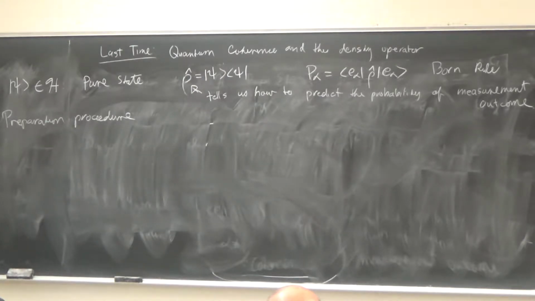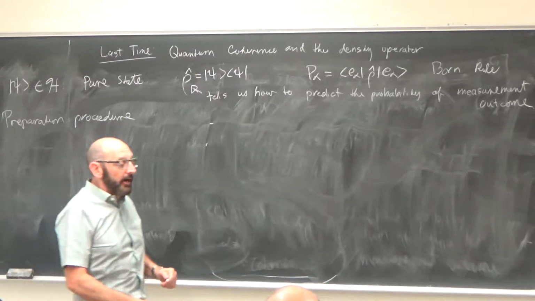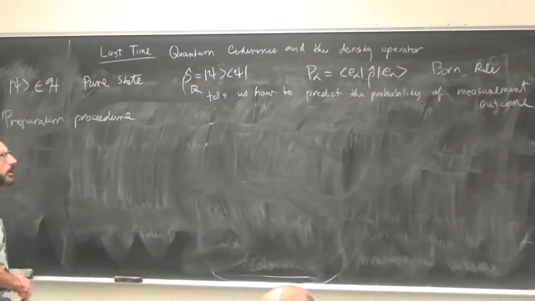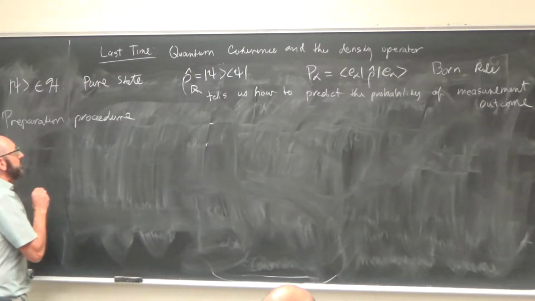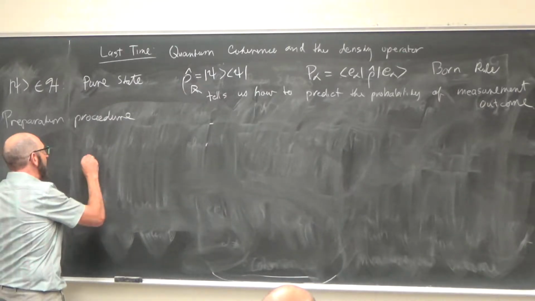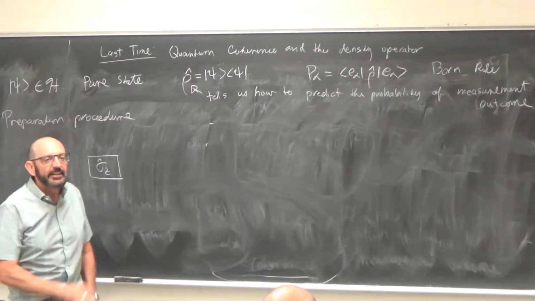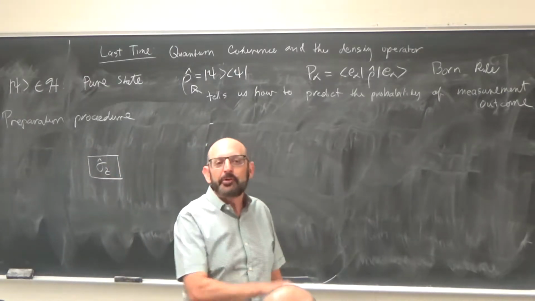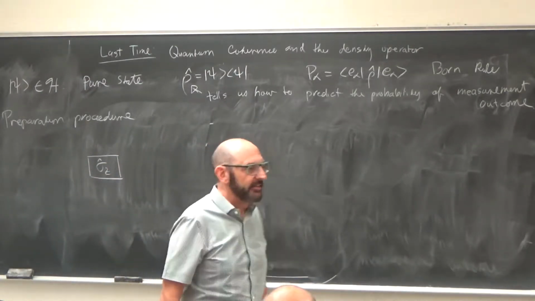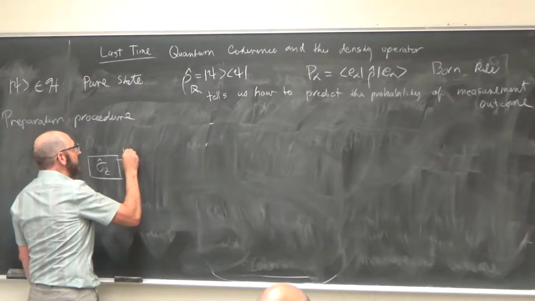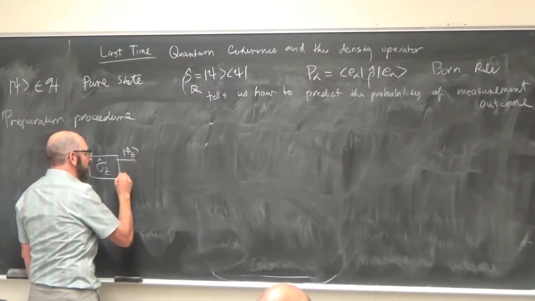And then if we knew that that was it, we would assign the state spin up along X, and then given that, we can calculate the probability of any measurement outcome. Okay. But let's suppose we have a slightly different kind of preparation. So let's say I have a Stern-Gerlach apparatus, which I'll just say is a black box. Let's say that it's prepared spin up or spin down along the Z direction, right? And so it has these two beams that come out, either spin up along Z or spin down along Z.